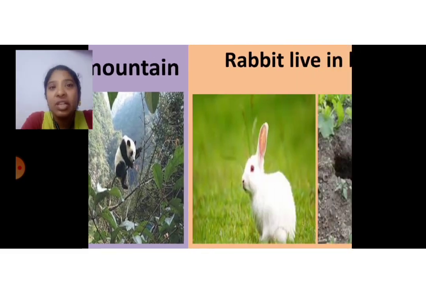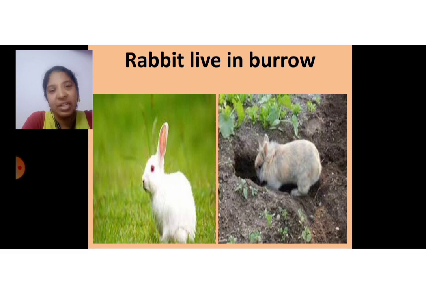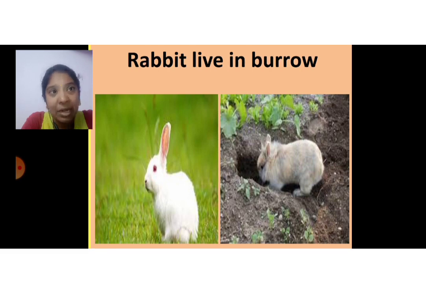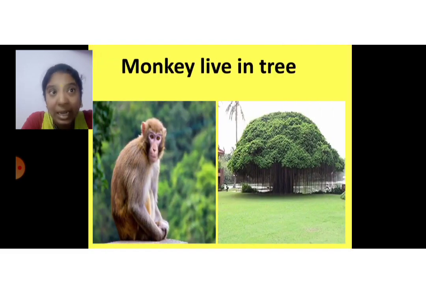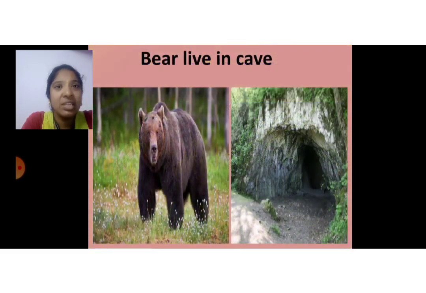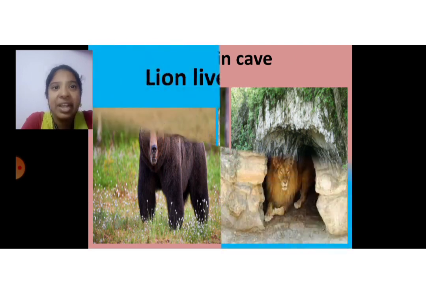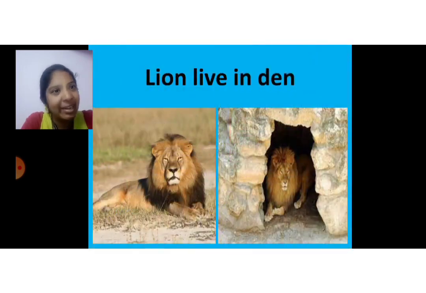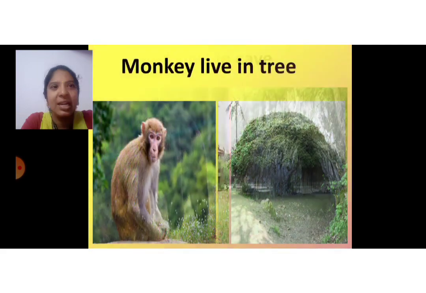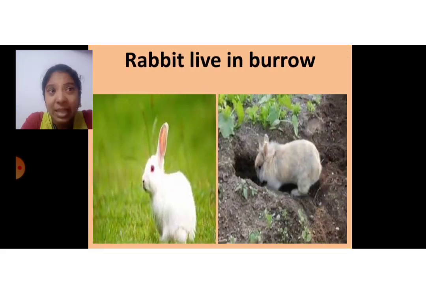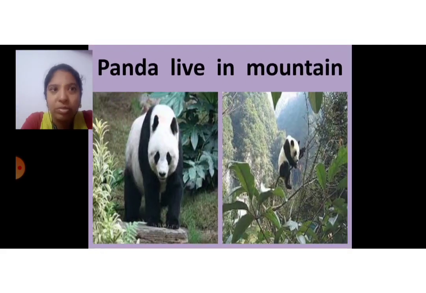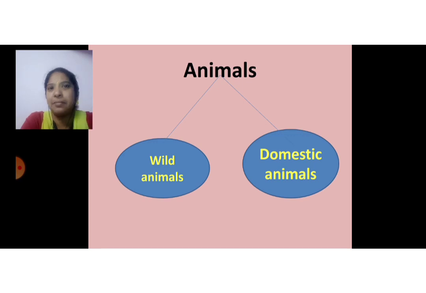So these are the animals which live in different places that give shelter to them. Rabbit lives in burrow, monkey lives in tree, bear lives in cave, lion lives in den. These animals have their different homes to take rest. These are the places of shelter for the animals.